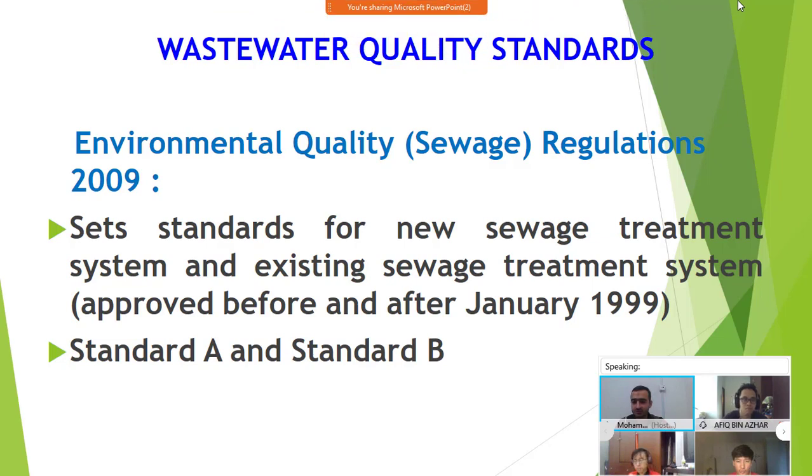These standards are set up for the new sewage treatment and also the existing sewage treatment, which means that in 2009 the government in Malaysia put two kinds of standards, or two tables, or two schemes. Scheme number one is for the sewage treatment which will be built and set up, and scheme number two is for the sewage treatment that already exists.